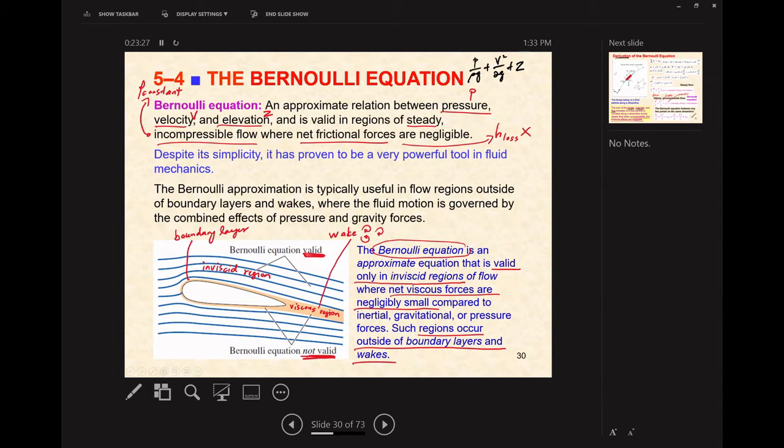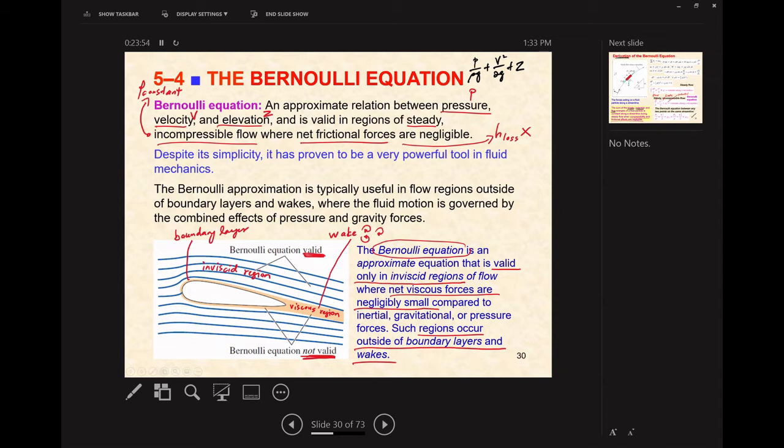Some of the fluid passes above the object, some below, some far away from it, and some hits the tip of the object and stops moving. You can see this blue line is the flow path of the fluid.